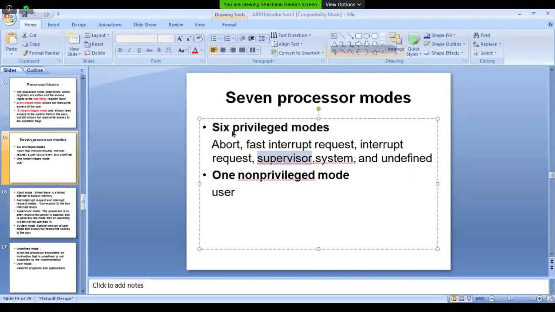So the supervisor mode is the most privileged level mode, and it is the mode which will be executing the operating system of your cell phone. And while the operating system is booting, it will be in the supervisor mode.